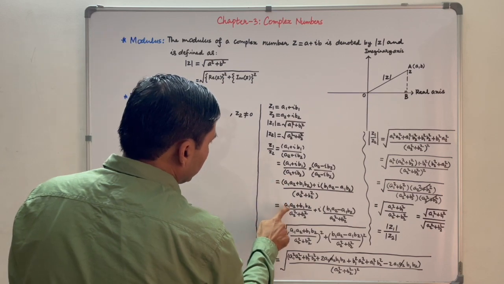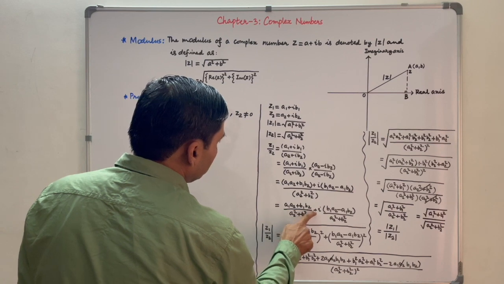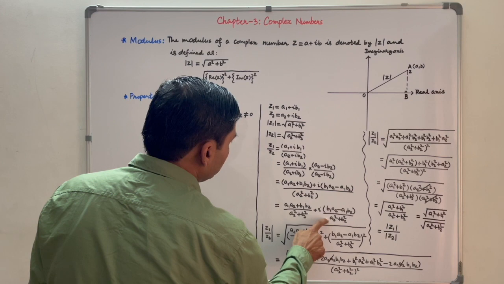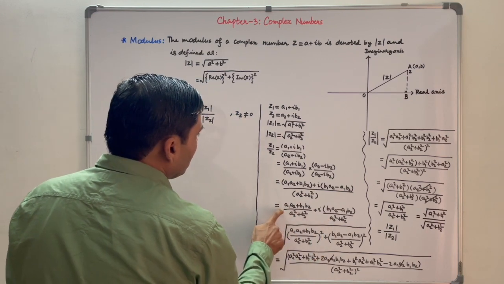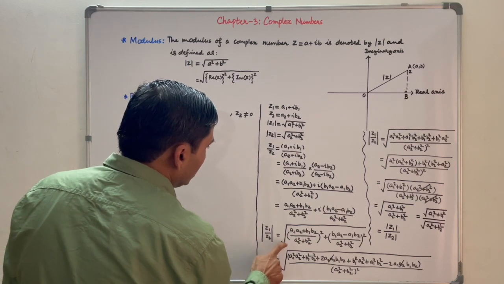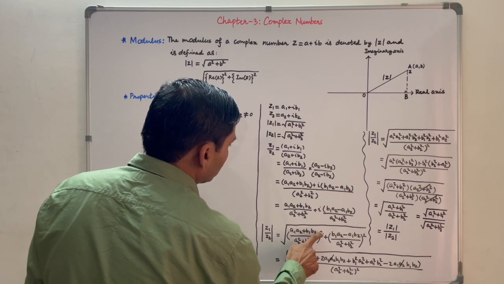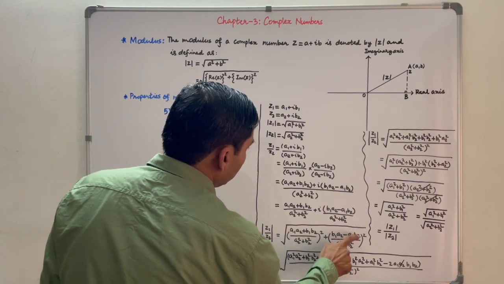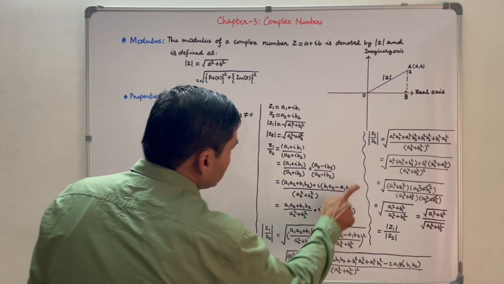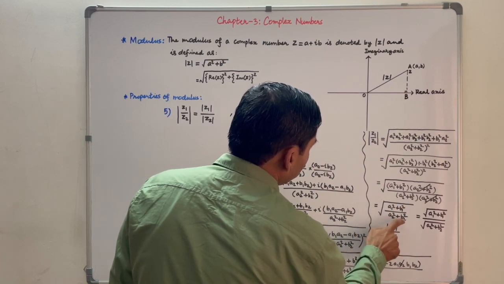So this is simplified as (a1 a2 + b1 b2) upon (a2² + b2²) plus i into (b1 a2 − a1 b2) upon (a2² + b2²). Now we will take the mod of this complex number. So |z1 by z2| is equal to √(((a1 a2 + b1 b2) upon (a2² + b2²))² + ((b1 a2 − a1 b2) upon (a2² + b2²))²). Now this can be simplified as √((a1² + b1²) upon (a2² + b2²)).